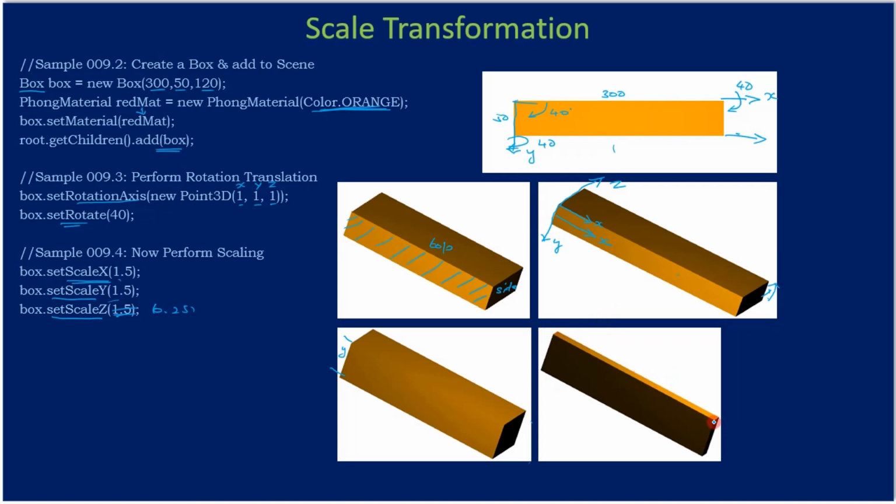So this is the Z direction, right? In Z direction we compressed it. So here it is wrong, 1.5, but maybe we gave 0.2 or 0.25 to reduce the thickness or depth to almost 0.2 just by looking at the picture.